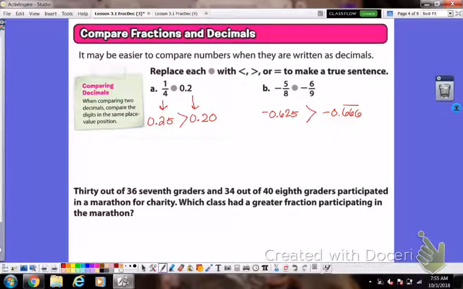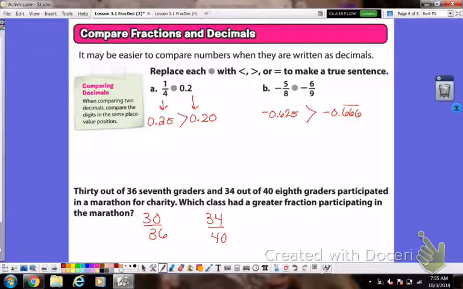All right, so if we have 30 out of 36 7th graders and 34 out of 40 8th graders participate in a marathon for charity, which class had a greater fraction participating in the marathon? Okay, well we have 30 over 36 compared to 34 out of 40.